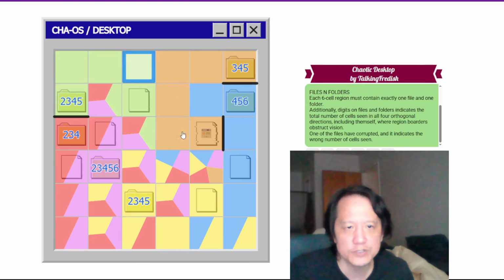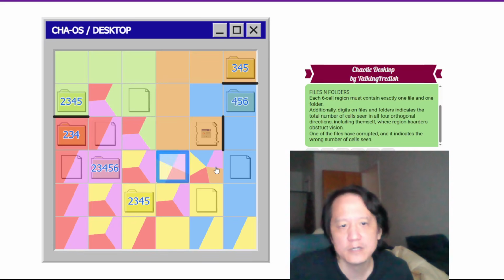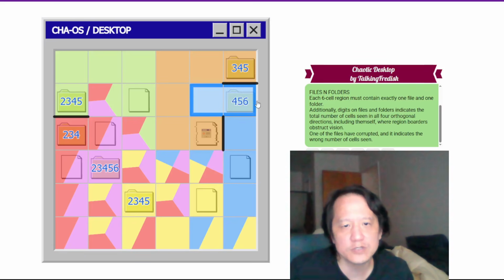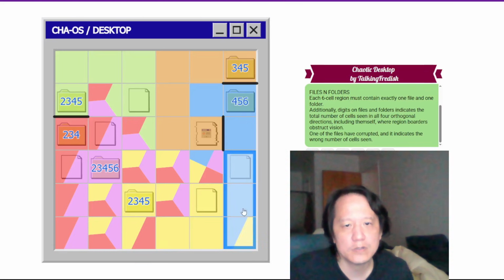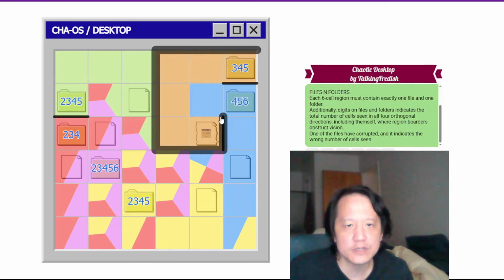There's no orange there. It's green. No more oranges in that region. This is blue, so this can't be blue anymore. This can't be blue anymore. That's yellow. This is done as a region.